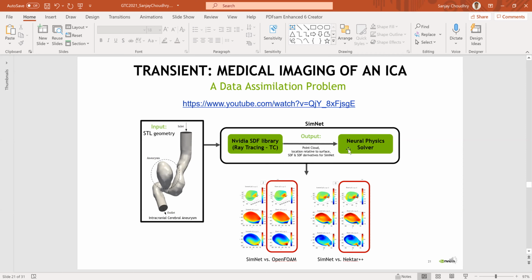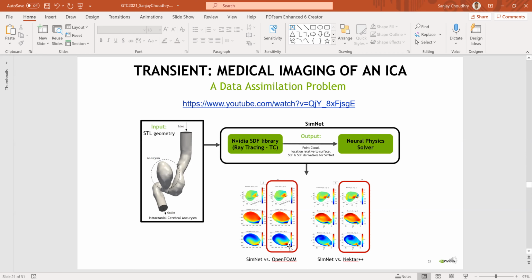And the results that we get are in good comparison, but you have to see that Simnet ran this problem as an inverse solution, but the traditional solvers do not solve inverse problems. So there we ran it as a forward problem. With OpenFOAM, the results are good, except at the most important location, which is where the bending stresses are the highest.